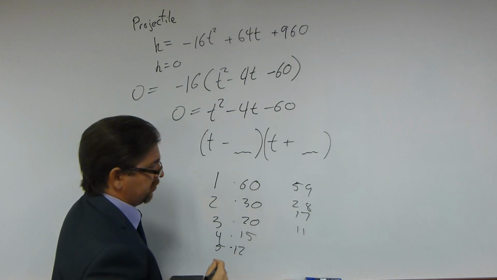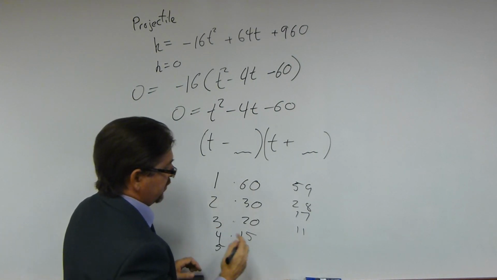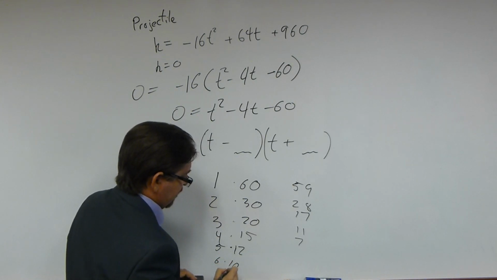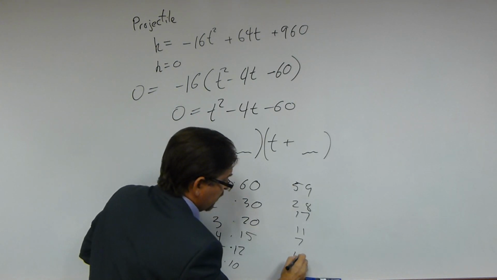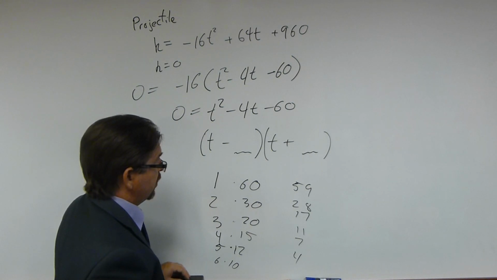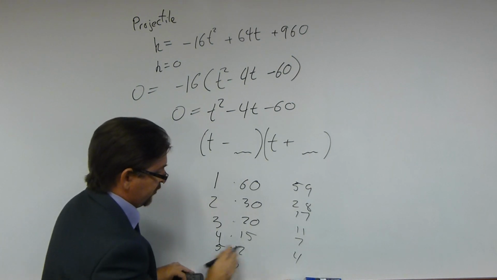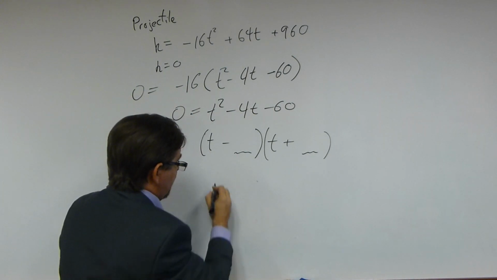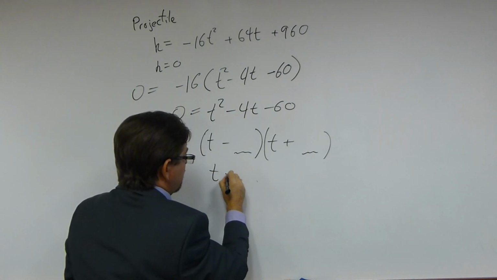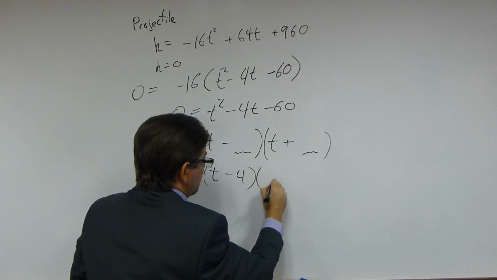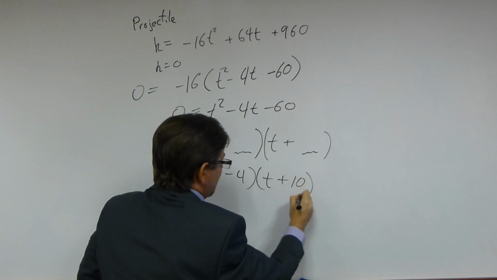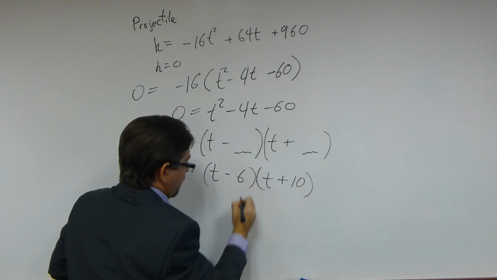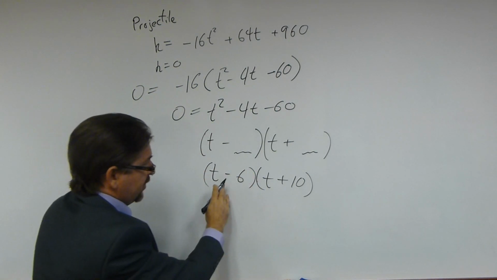The difference of those two is 7, we're closer here. 6 and 10, difference of those, 4. Okay, so let's try that out. I could have t minus 4, t plus 10. Sorry, math error. Okay, t minus 6, t plus 10.